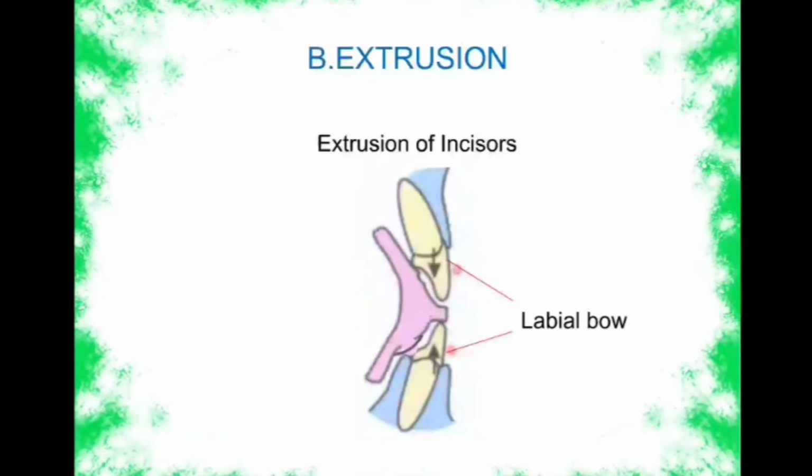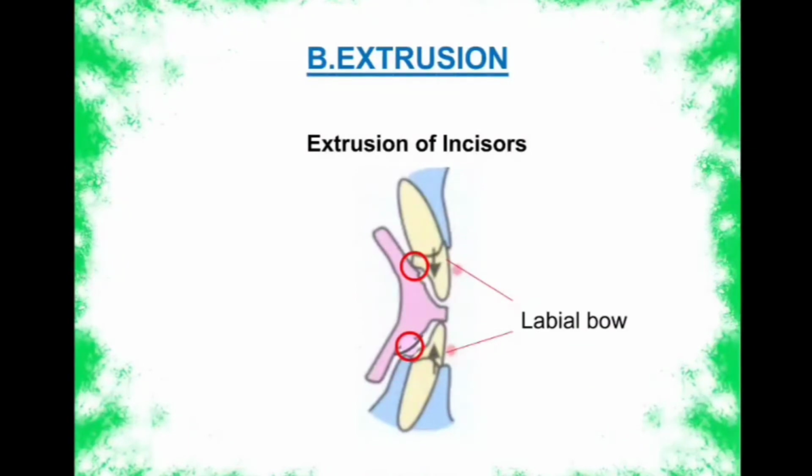Coming to extrusion, for the extrusion of incisors, the lingual surface is loaded above the area of greatest convexity in the maxilla and below the area of greatest convexity in the mandible. I repeat, above the area of greatest convexity in the maxilla and below in the mandible.